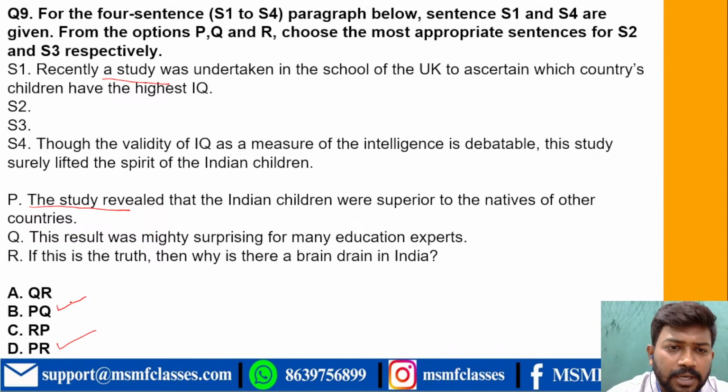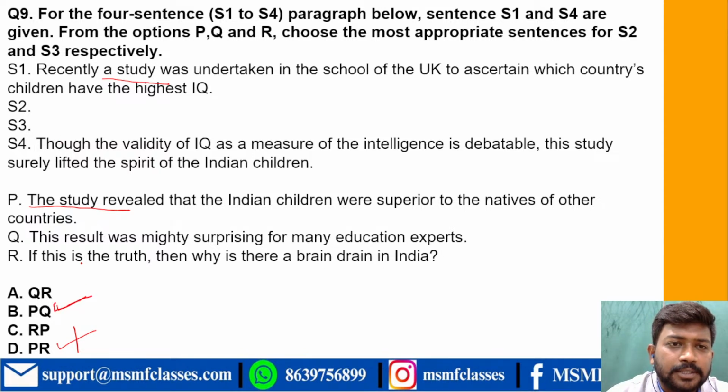So PQ becomes the answer. PR is not the answer because R is telling about what happened after this, after the spirit of Indians. So after this, you can take R as the sentence, but we are asking in between these two, S2 and S3. Now I can go with Q as the answer. So the answer becomes P and Q.